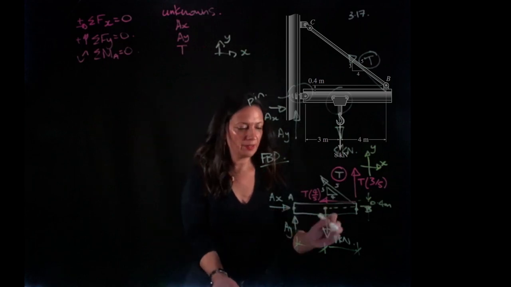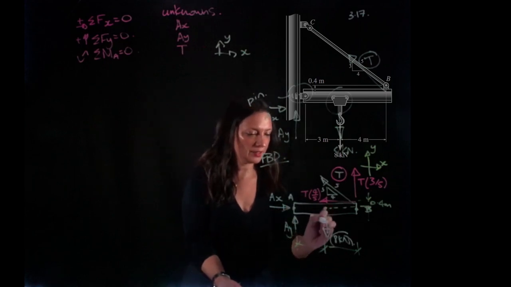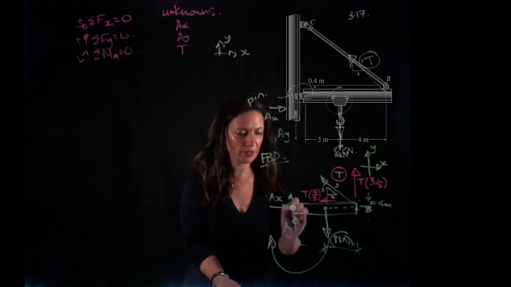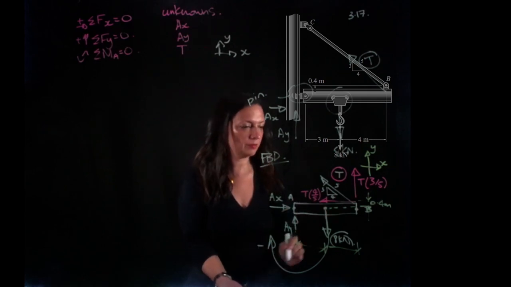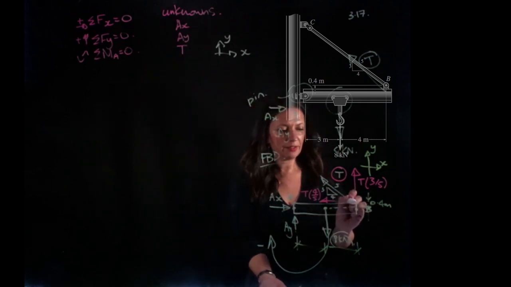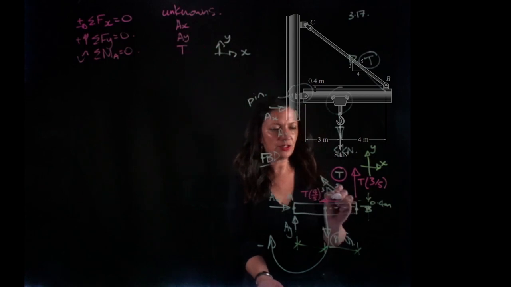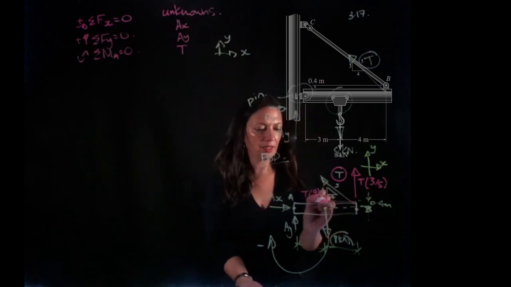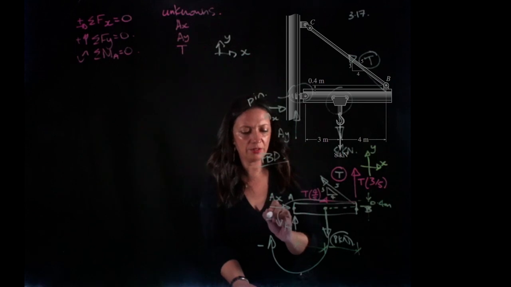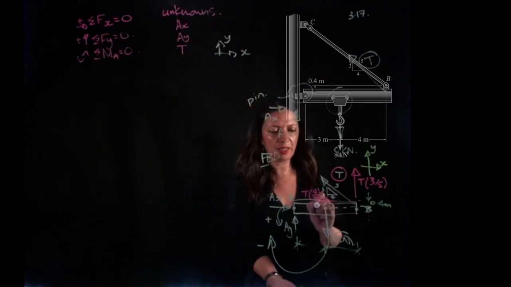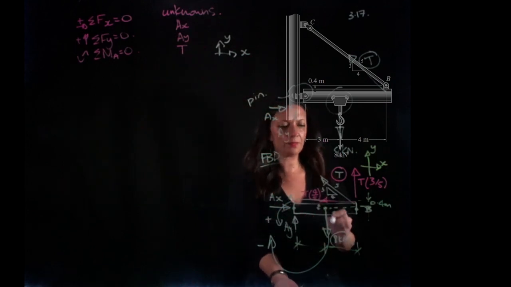We're going to have this 8 kilonewton force, and it's going to go around point A in the negative direction. We're going to have the tension in the cable in the X component, and it's going to go in the positive direction around A, because just remember that there is a distance between there and there.